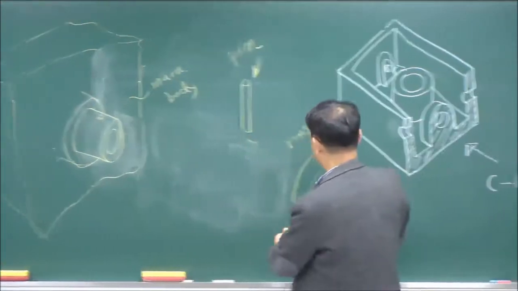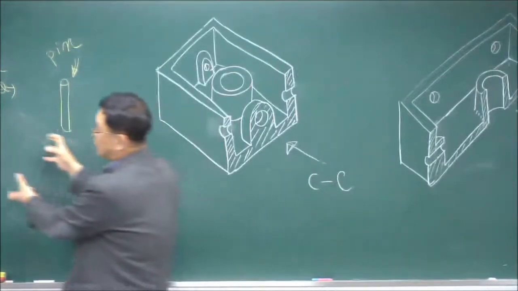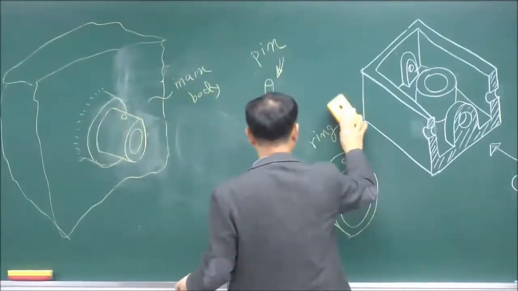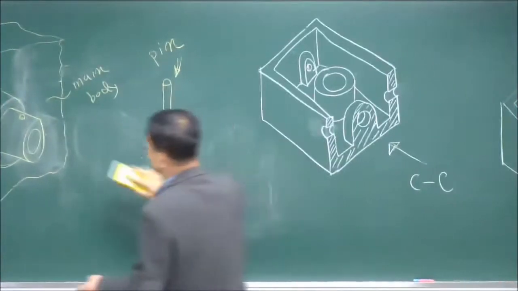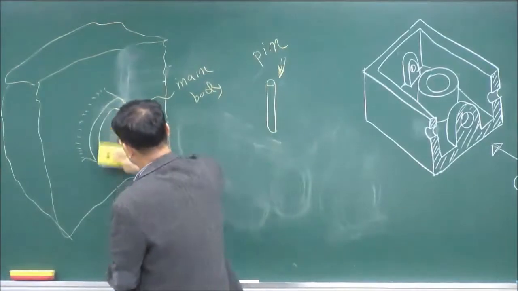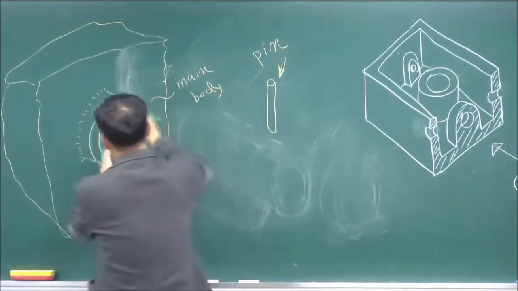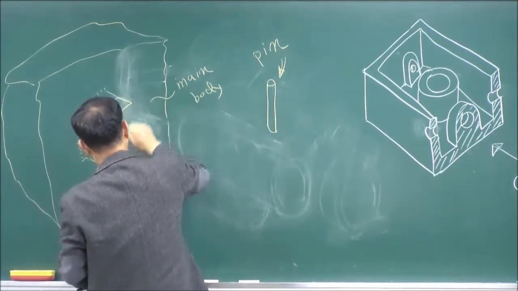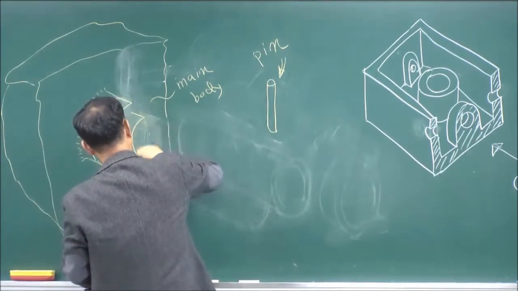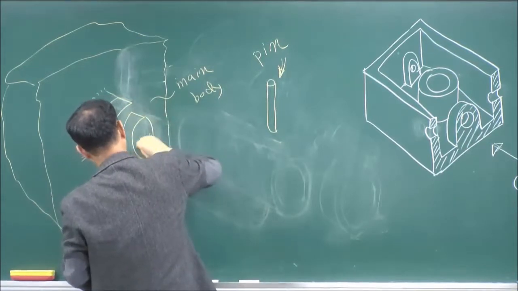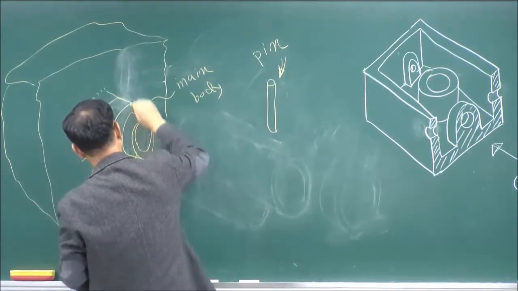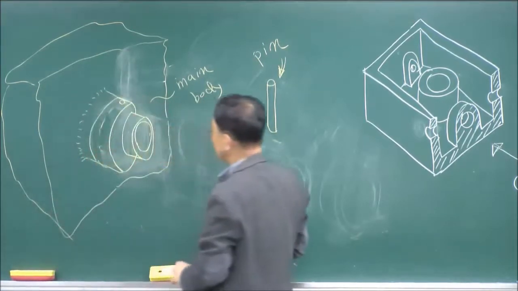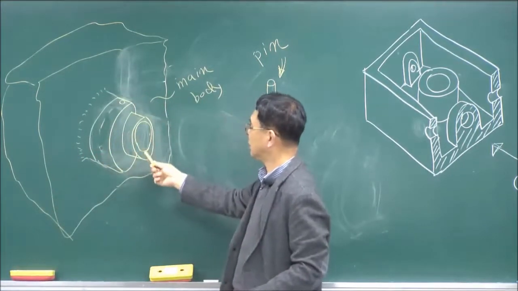Then the ring is also assembled on the pipe. So if the ring is assembled, then it becomes like this. Ring is assembled, then it's like this.